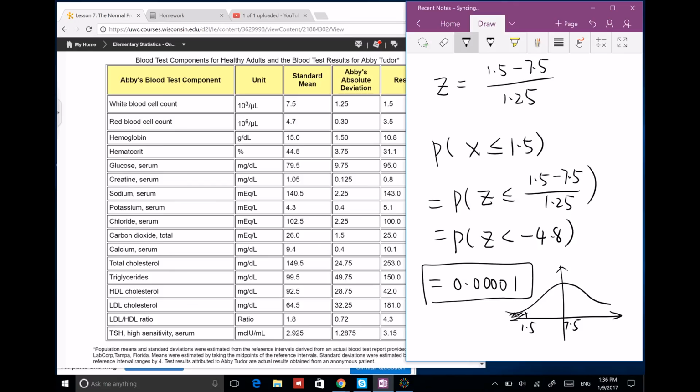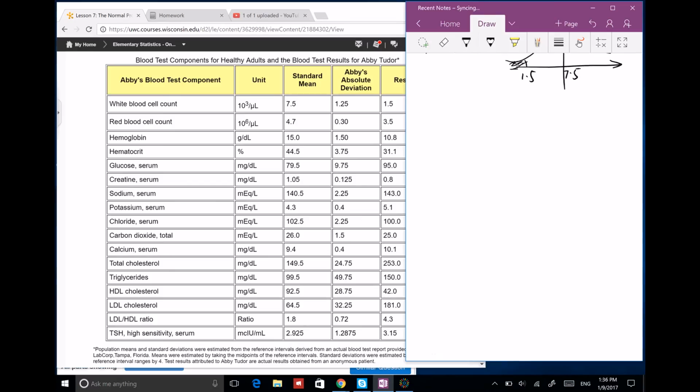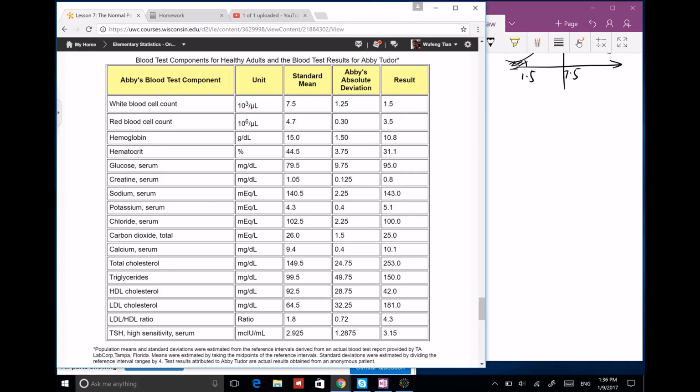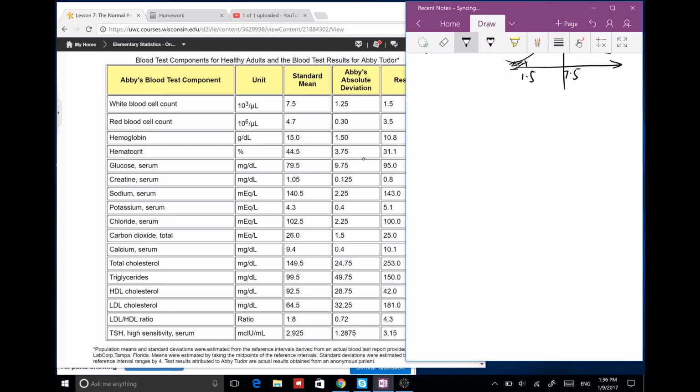What about the above average? For example, we look at her glucose serum, which is above. For the above ones, we look at the probability of being bigger than or equal to, because it's above the average. Abby's result is 95.